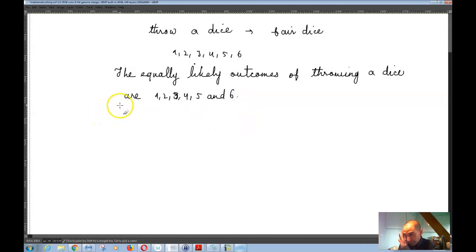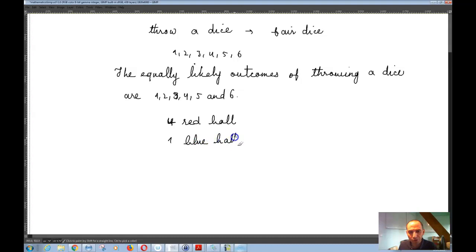Now, of course, not every experiment has equally likely outcomes. For example, suppose you have a bag, we gave this example of the bag. You have 4 red balls in the bag, and you have 1 blue ball.